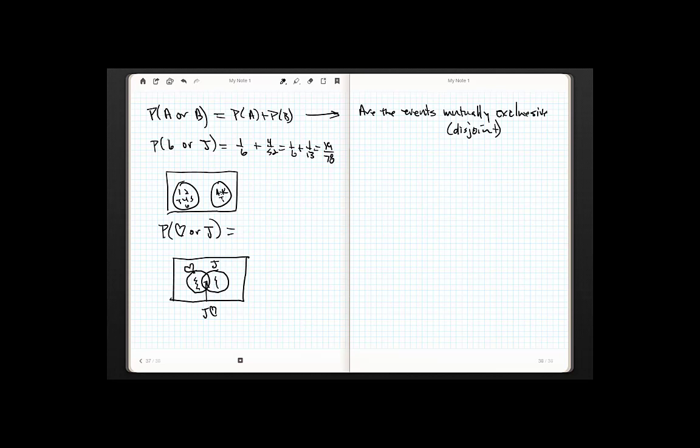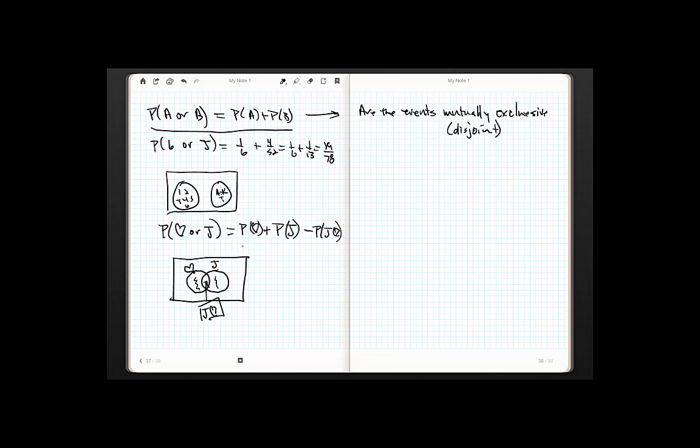But if I apply this counting rule, watch what would happen. I would say, okay, the probability of hearts plus the probability of a jack. The problem is that this card got counted twice. It got counted in the hearts, and it got counted in the jacks. So we need to subtract out the probability of the jack of hearts, the probability that it occurs at the same time.